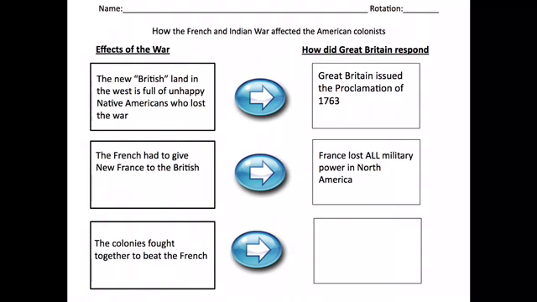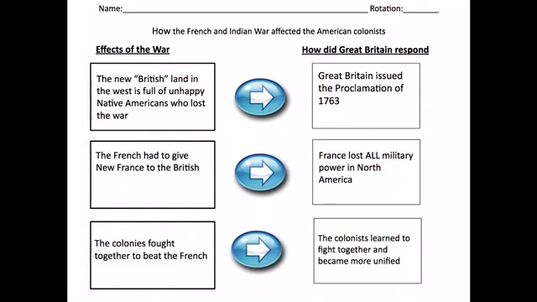And then all of a sudden, after fighting a war where it's the 13 colonies versus a common enemy, we see the colonists learn to fight together and they start to become more unified. They start to learn how to work together as 13 colonies rather than independent little places just focusing on what's best for themselves.